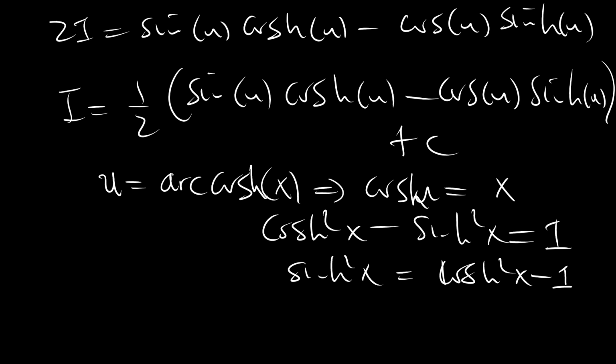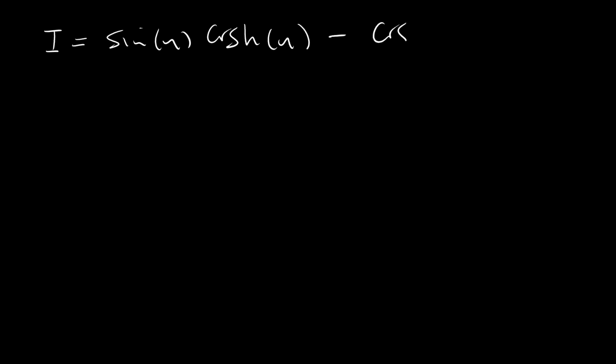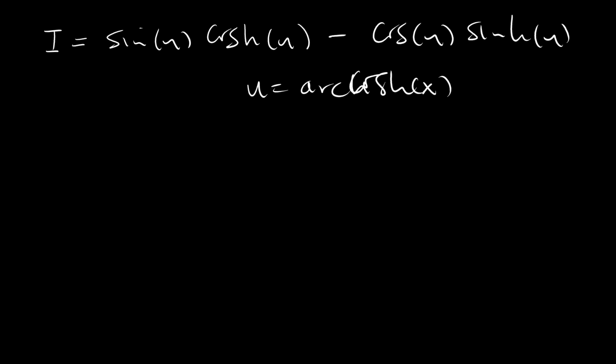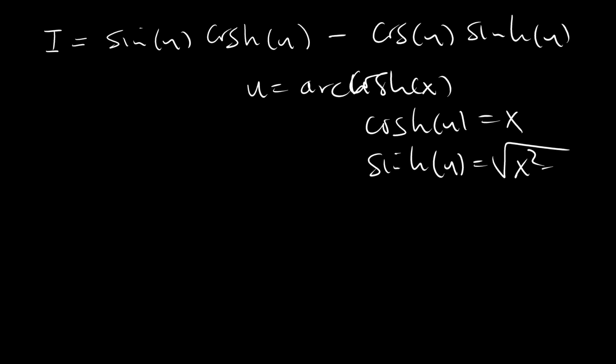And so since we said our integral equals sine u cosh u minus cosine u sinh u, and we saw that u equals arccosh of x, such that cosh of u equals x, sinh u would be equal to the square root of x squared minus 1.